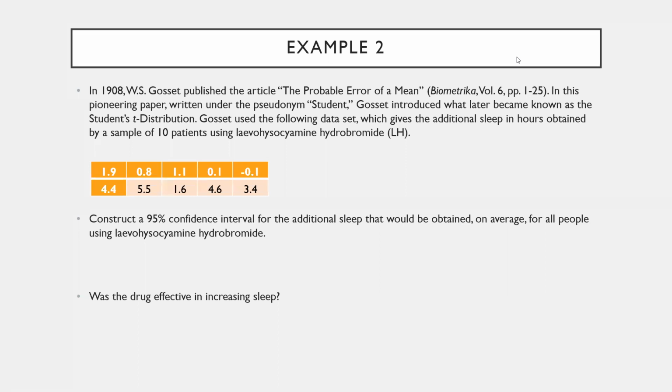You have a table of data here, which gives the additional sleep in hours obtained by a sample of 10 patients using this drug. I'm not even going to try to pronounce it, so I'm just going to call it LH. And this is the actual data for additional sleep people on the drug got.